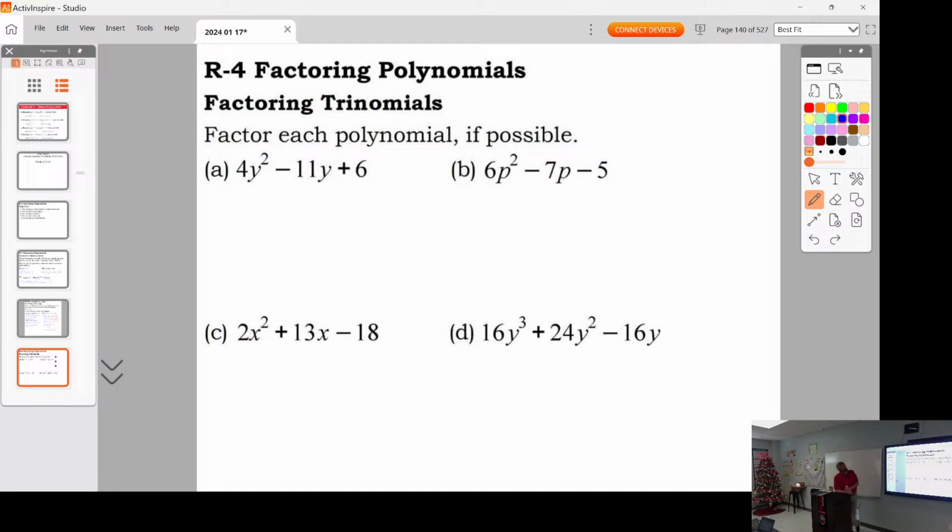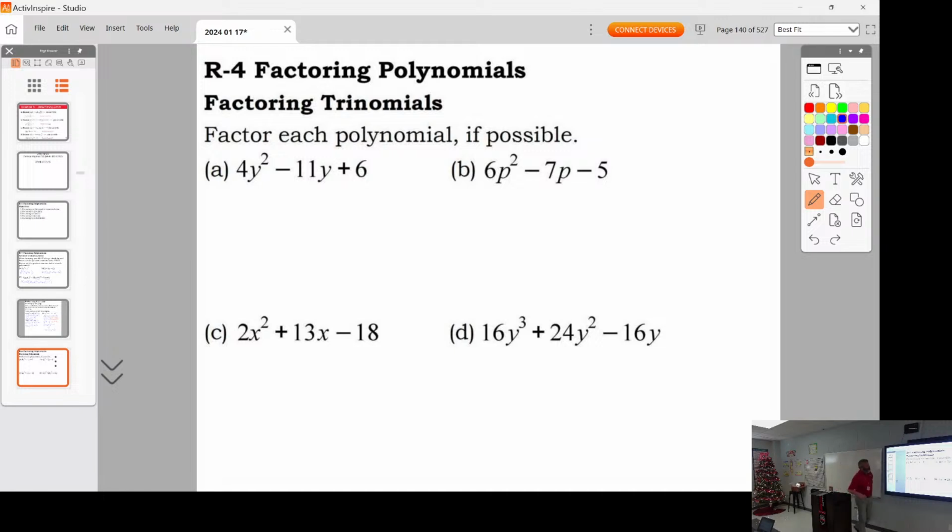So when you're factoring trinomials, if A is not 1, we did a lot of different methods last semester. We did box method. We did the snowflake. We did grouping. Remember all those? Okay. And if I remember correctly, the majority of you preferred the snowflake?